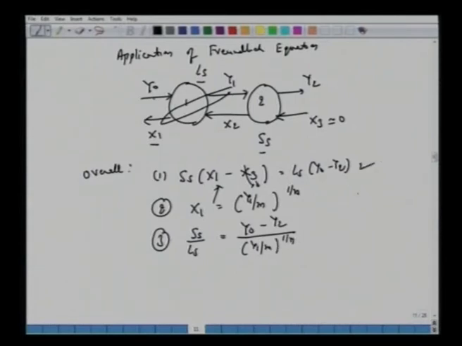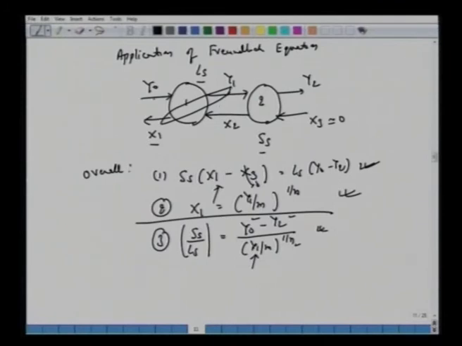So equation 1 is the operating line and equation 2 is the equilibrium curve, and the two together give us this equation. The ratio SS over LS, y0 and y2 are known to us. This y1 is not known; it is the intermediate concentration.